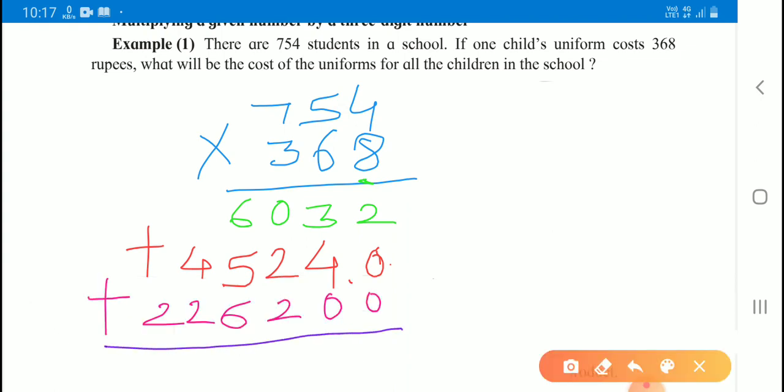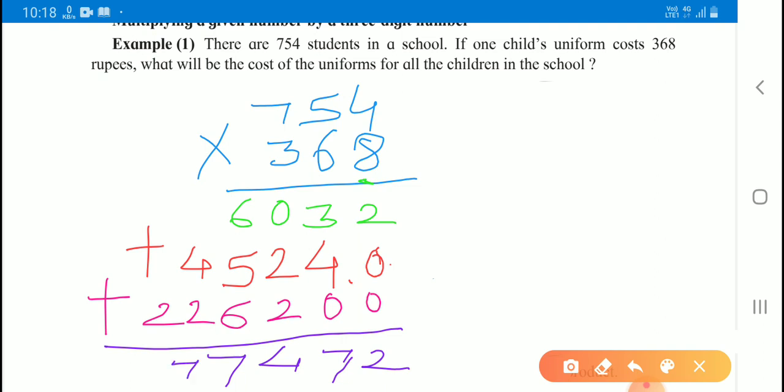Now 2 plus 0 plus 0 means 2. 3 plus 4, 7. Okay. 2 plus 2, 4. Now here 6 plus 5, 11. 11 plus 6, 17. 1 carried. 4 plus 2, 6. 6 plus 1, 7.